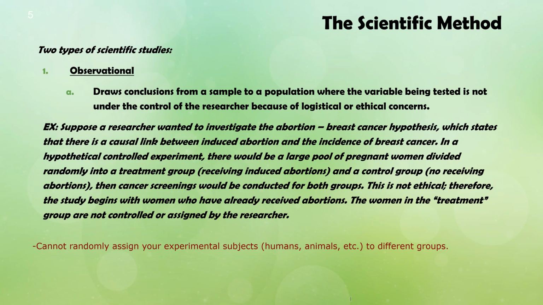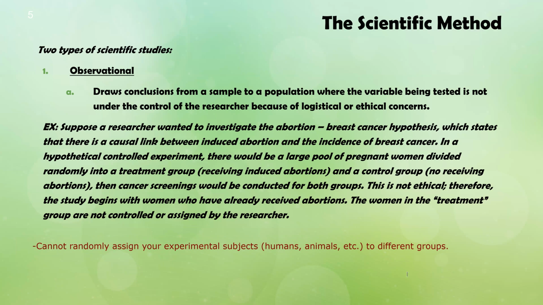Okay, so let's look at this hypothetical study. We want to know if there is a link between having an abortion and getting breast cancer. Now, there's no judgment in this example, it's just a study that was done.